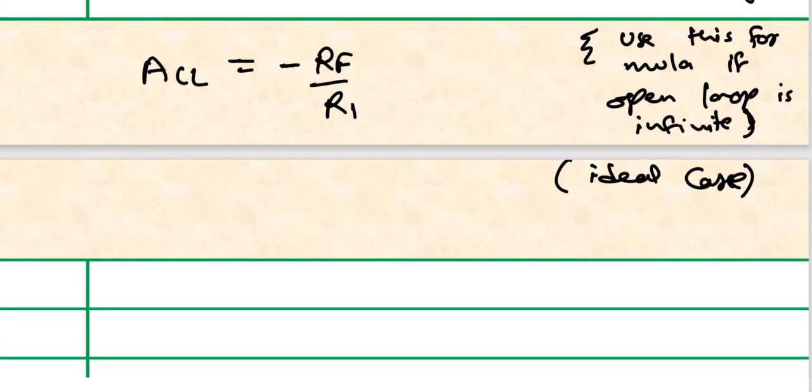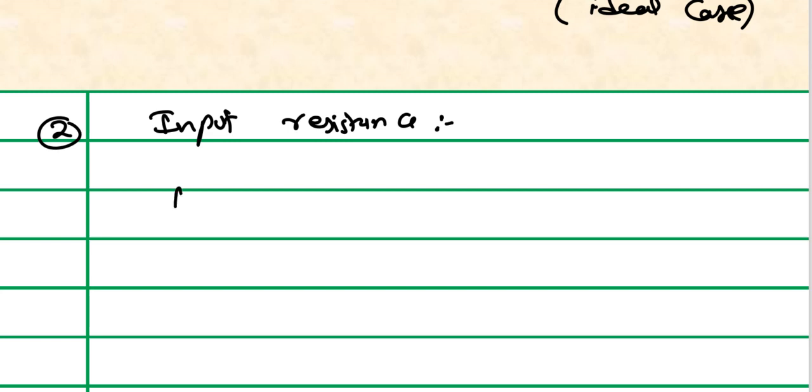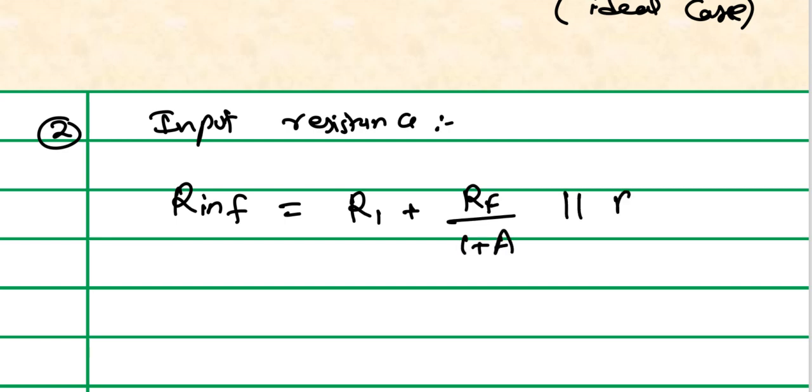Okay, next point is input resistance. If we solve, then the input resistance with feedback, RIF, comes out as R1 plus RF divided by 1 plus A, parallel with the input resistance.